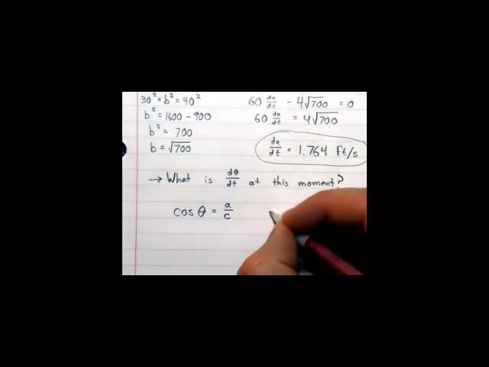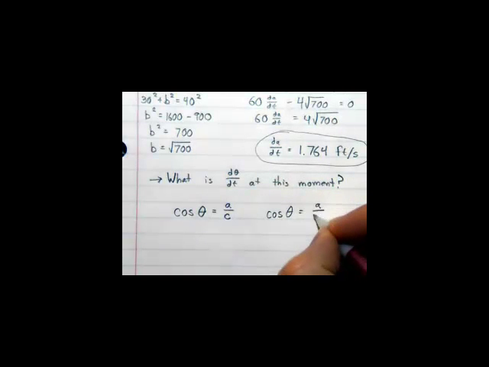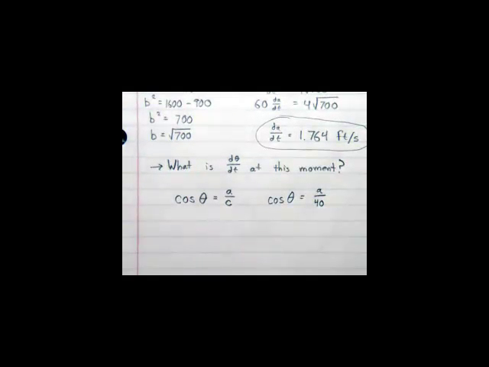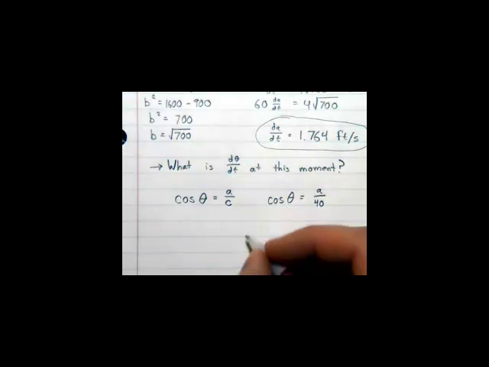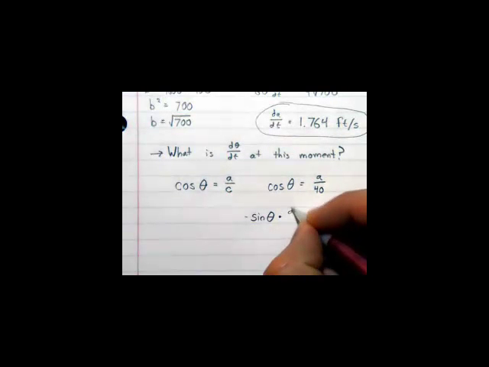So we've got cosine theta equals A over 40. And now I need to do my derivative step here. So derivative of cosine is negative sine theta. But then remember, chain rule, theta's in terms of time, so times d theta dt.